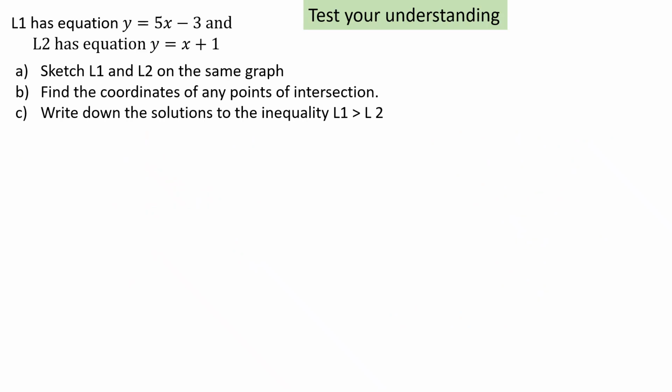Pause this video and try it yourself. So L1 has equation y equals 5x minus 3 and L2 has equation y equals x plus 1. First question, sketch L1 and L2 on the same graph. Draw the axes, x-axis and y-axis.